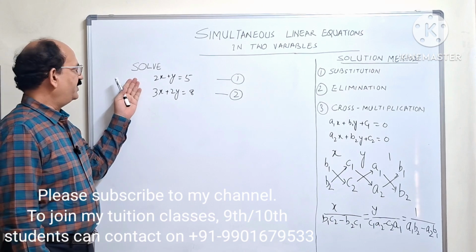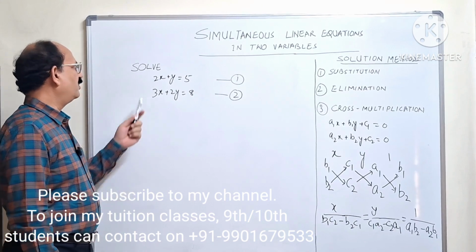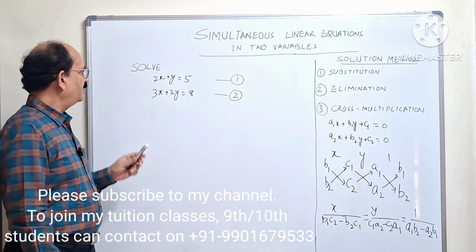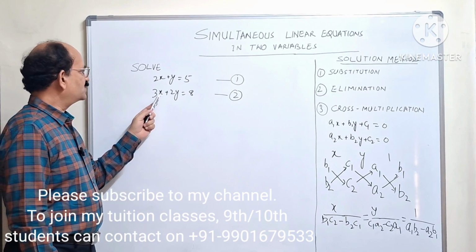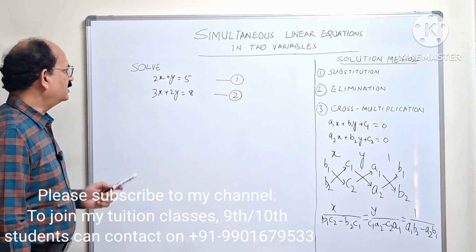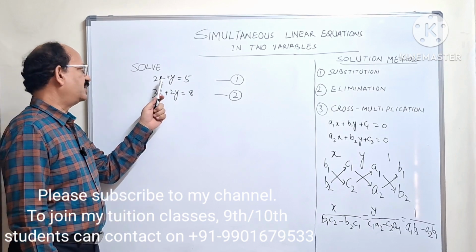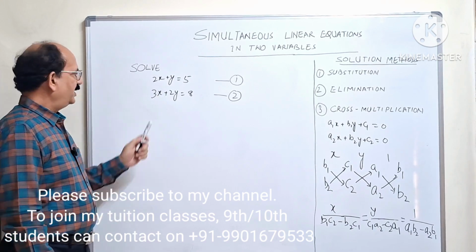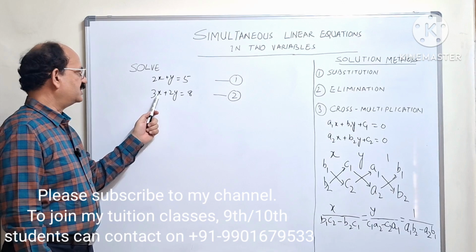Suppose you are given this problem: solve 2x plus y equal to 5 and 3x plus 2y equal to 8. Now you are seeing here that there are two variables involved, x and y, in this equation also, this x and y.